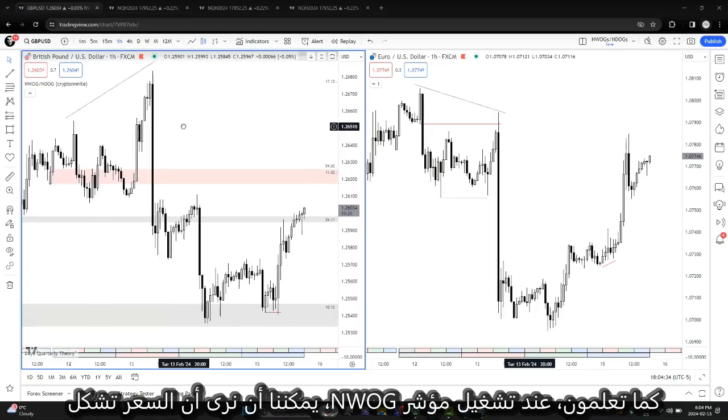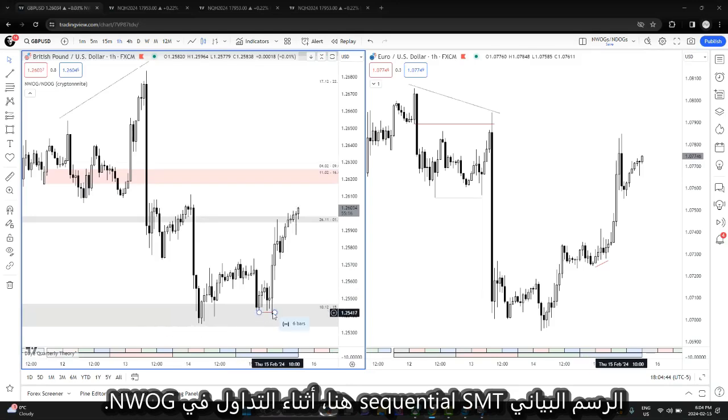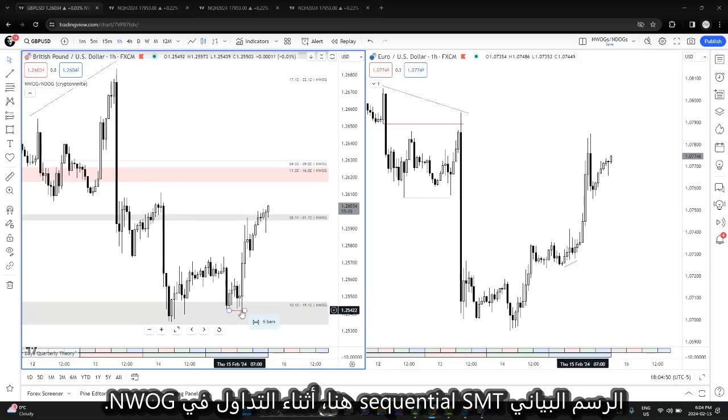Also, turning on my new week opening gap indicator, we can see that price formed the sequential SMT here while trading into the new week opening gap.